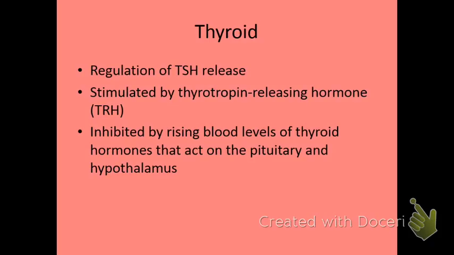Now, if we have too much thyroxine in the bloodstream, we inhibit the production of thyroid releasing hormone, or thyrotropin releasing hormone, and those will then shut off the pituitary and the hypothalamus, creating a negative feedback mechanism that will balance out the levels inside the bloodstream.